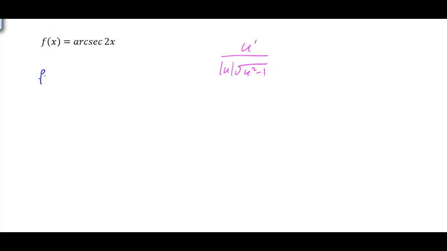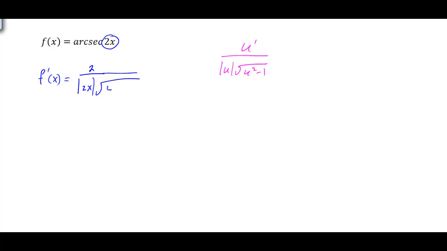So if we're going to find the derivative over here, then our u is simply going to be 2x. So u prime is simply going to be 2. The absolute value of u would be the absolute value of our 2x. And then multiplied by the square root of u squared. Now be careful, it's the whole 2x squared.